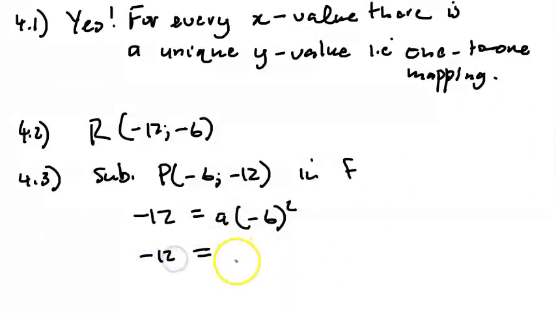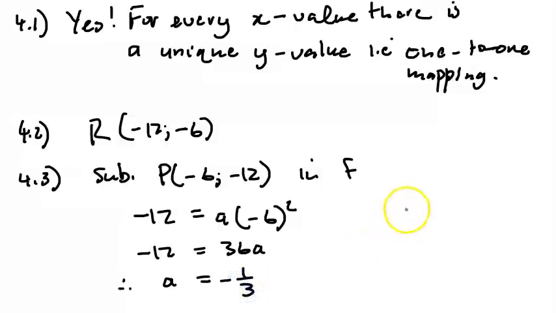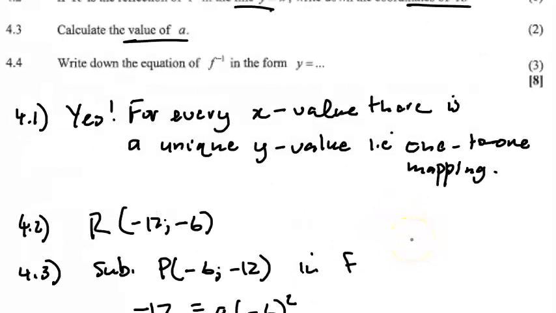Minus 6 squared is 36, so that will be 36a. Therefore minus 12 equals 36a. Therefore a is now going to equal minus 12 over minus 36, which is minus 1 over 3. So the answer for a is negative 1 over 3.